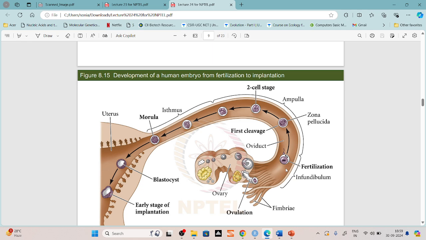The zona pellucida helps in protecting the egg, and then, after crossing several stages, the morula and the blastocyst stage, implantation takes place. Now you have to understand that implantation doesn't take place in the middle of the uterus. The fertilized egg is fixed at the side walls of the uterus. So this is just a basic overview of the female reproductive tract.